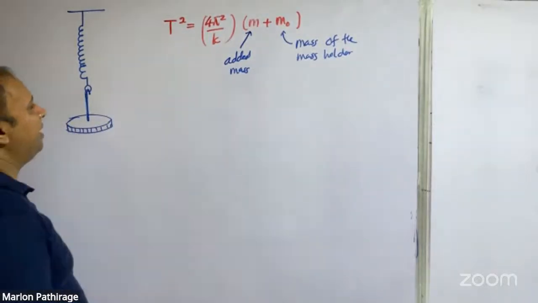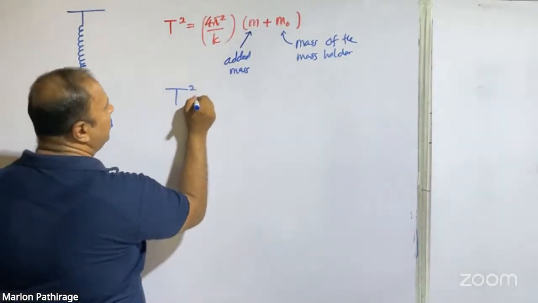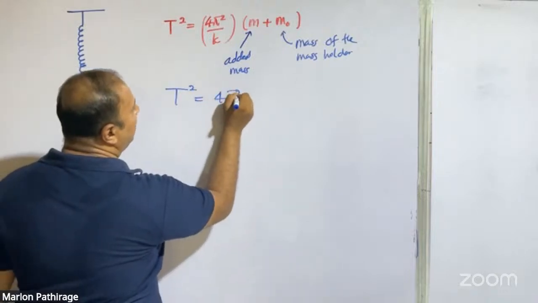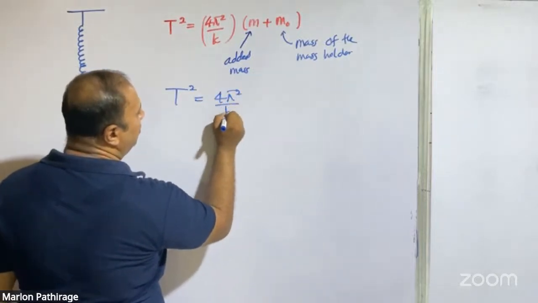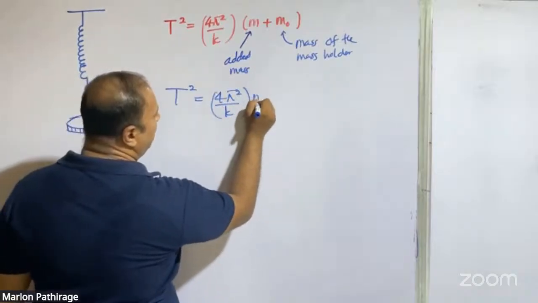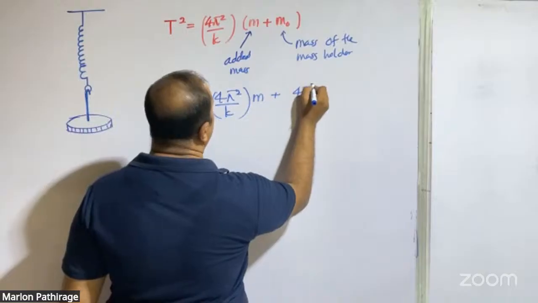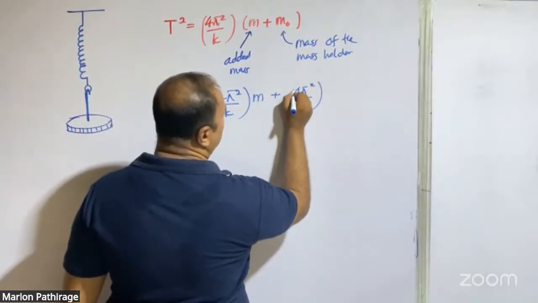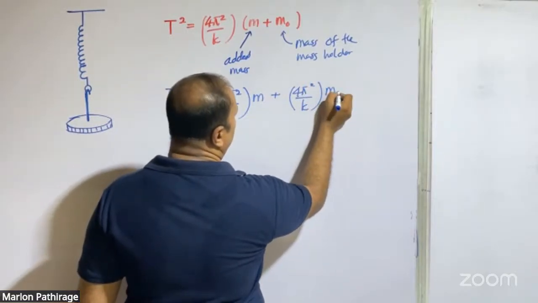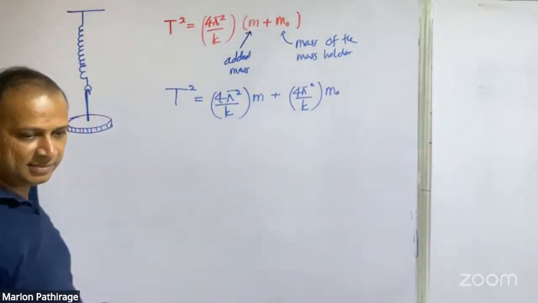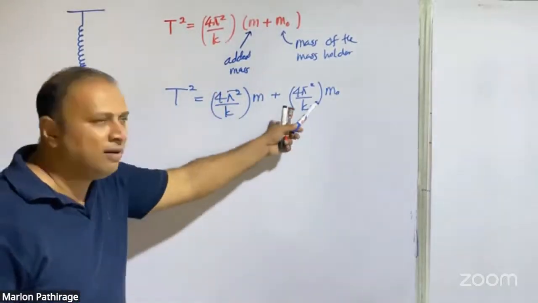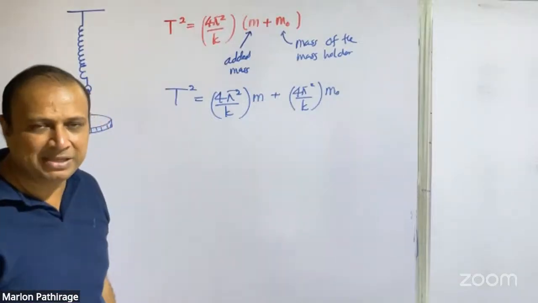Now it is very clear. T squared equals 4π squared over k times m plus 4π squared over k times m naught. The m naught, the mass of the mass holder, is a constant.